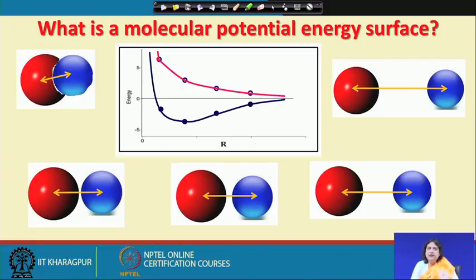So, this is possibly the simplest representation of a potential energy within a molecule when I am changing their relative geometry.